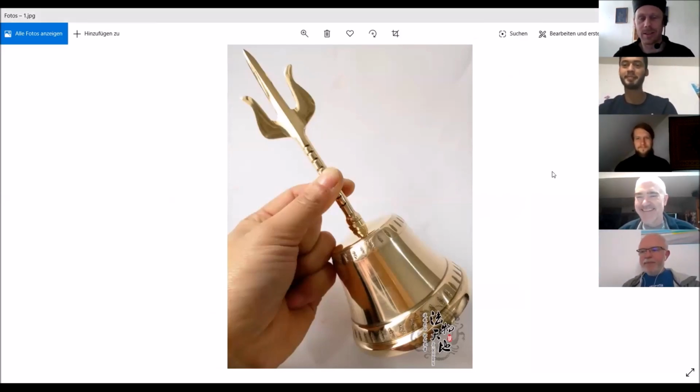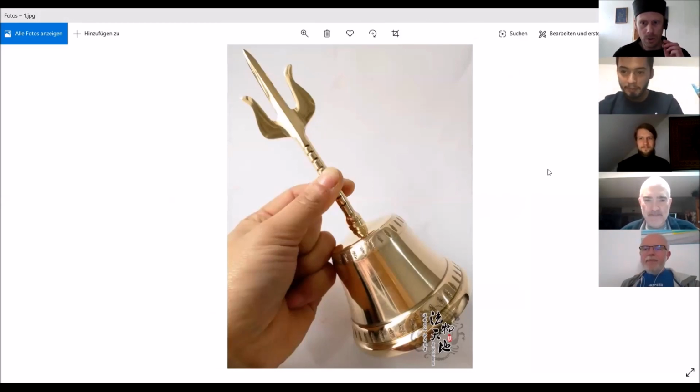So you see, this is a very new bell, and you see it a little closer, and the size with the hand. The handle is basically the size of a hand, and this is a polished one.